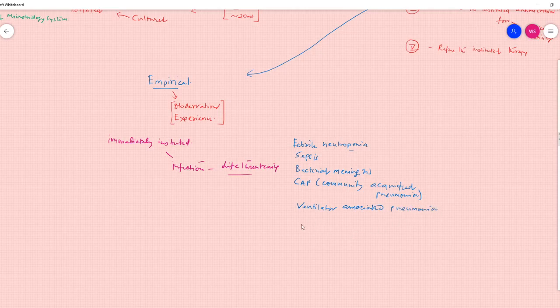Okay. There is a very, very severe condition called necrotizing fasciitis. Okay. So these are life-threatening infections.